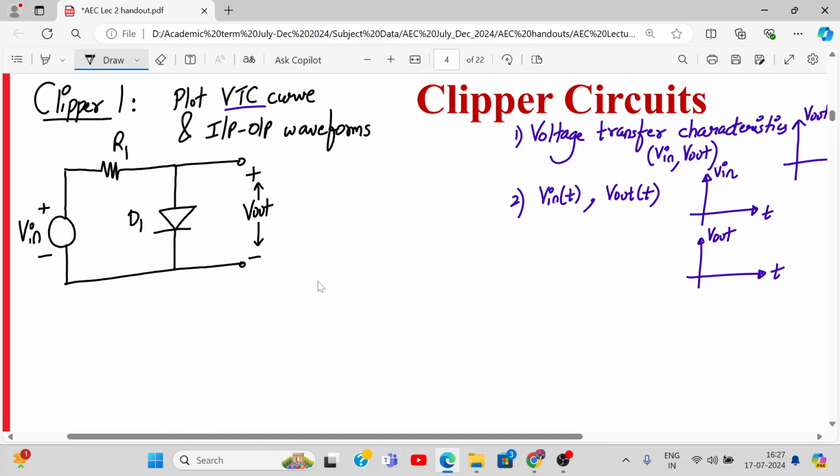This is R1. Let me mark the current as Ix, the voltage across the diode D1 is VD1, and this is ground.